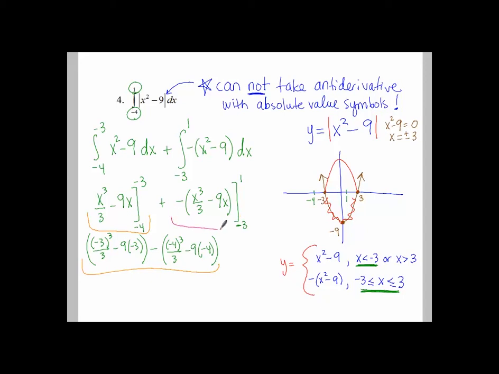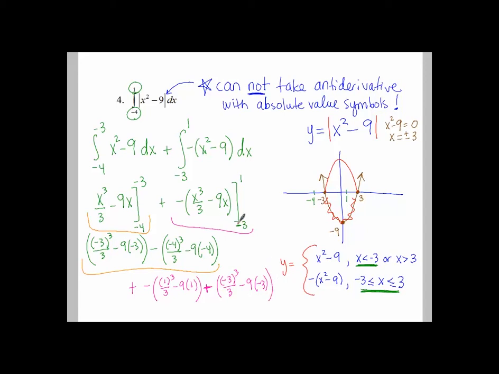So for this part right here, we'll say plus, and now I plug in the upper limit from that section, the negative of 1 cubed over 3 minus 9 times 1, minus, now the lower limit, the negative, I'll change that to a plus because it's minus the negative, of -3 cubed over 3 minus 9 times -3.